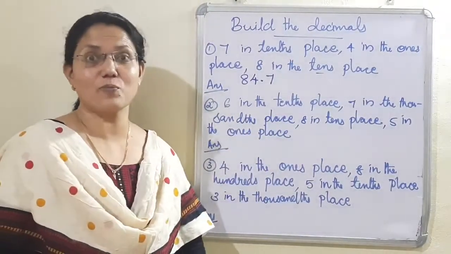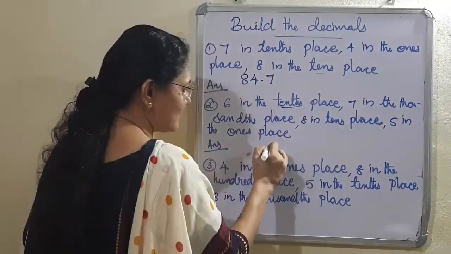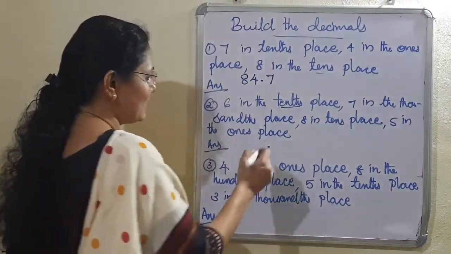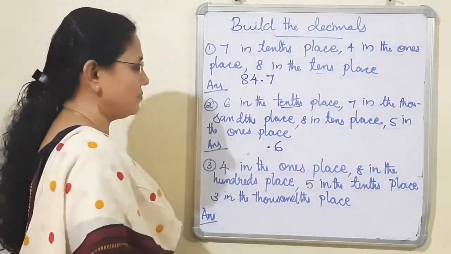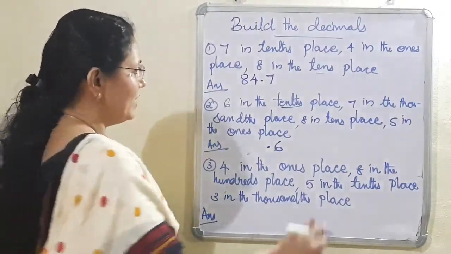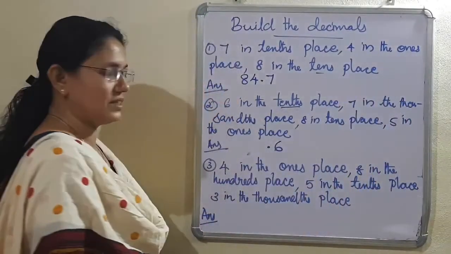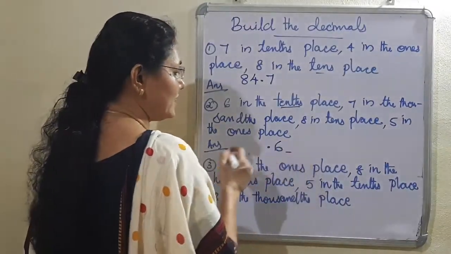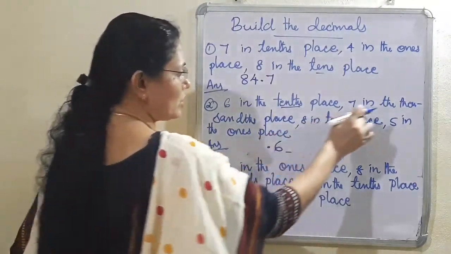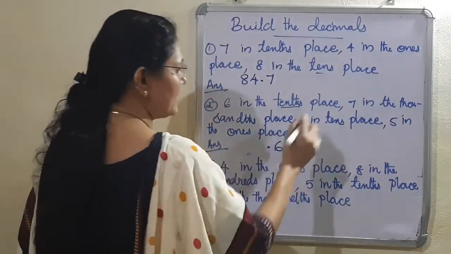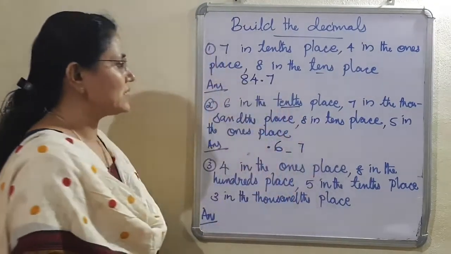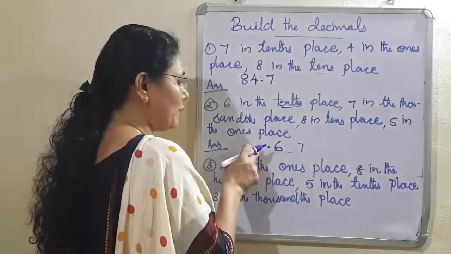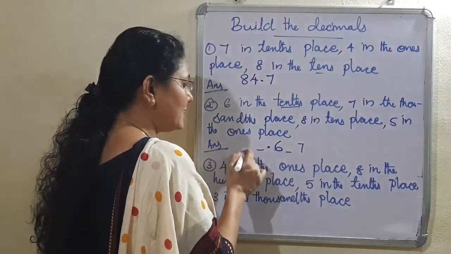Next, we can do the next question. 6 in the tenths place. Tenths, you know that just after the decimal point, the first digit comes in tenths place. The digit is 6. Next, 7 in thousandths. Thousandths means after the decimal point, the third place. Here, second, we can check whether it is given or not. Then thousandths place, what is the digit? 7. Next, 8 in tens place. Tens place, before the decimal point, the first place is ones. Next, tens is there.